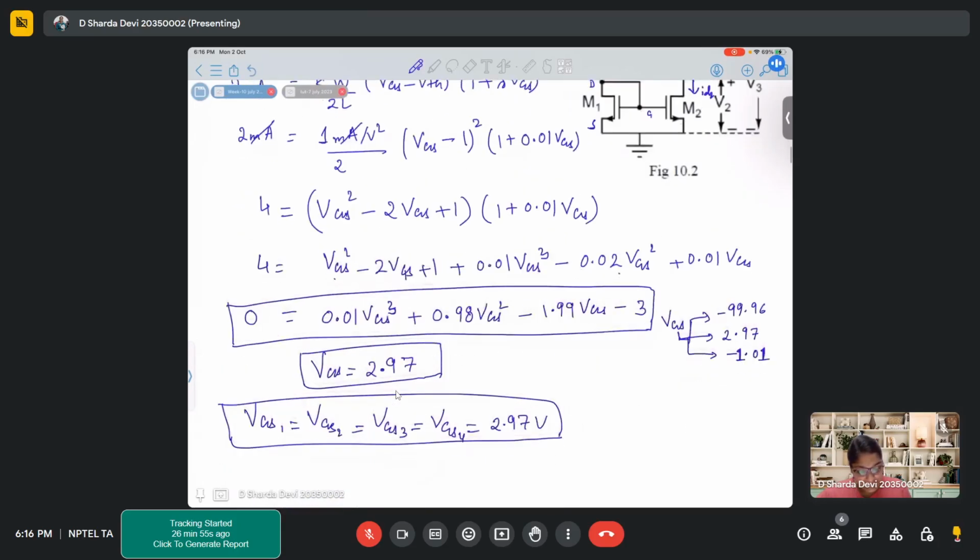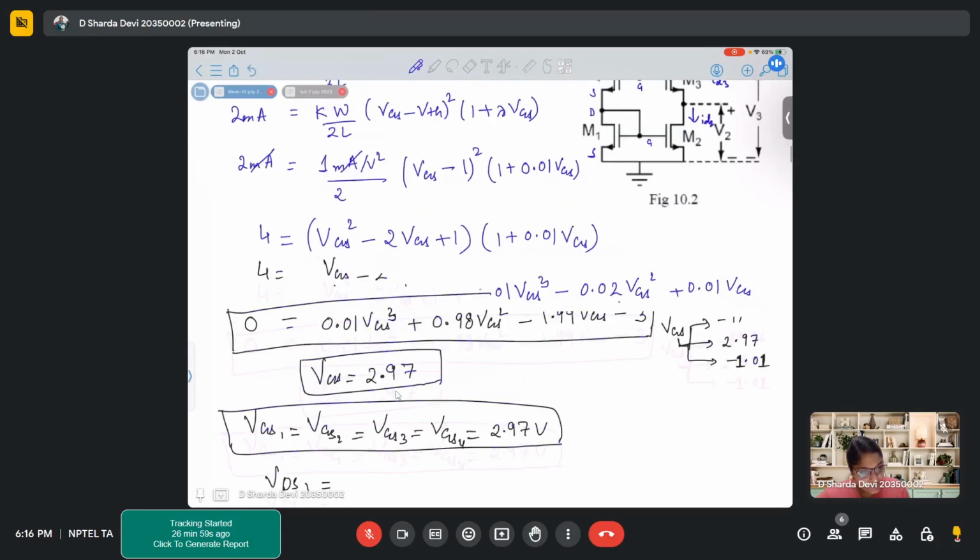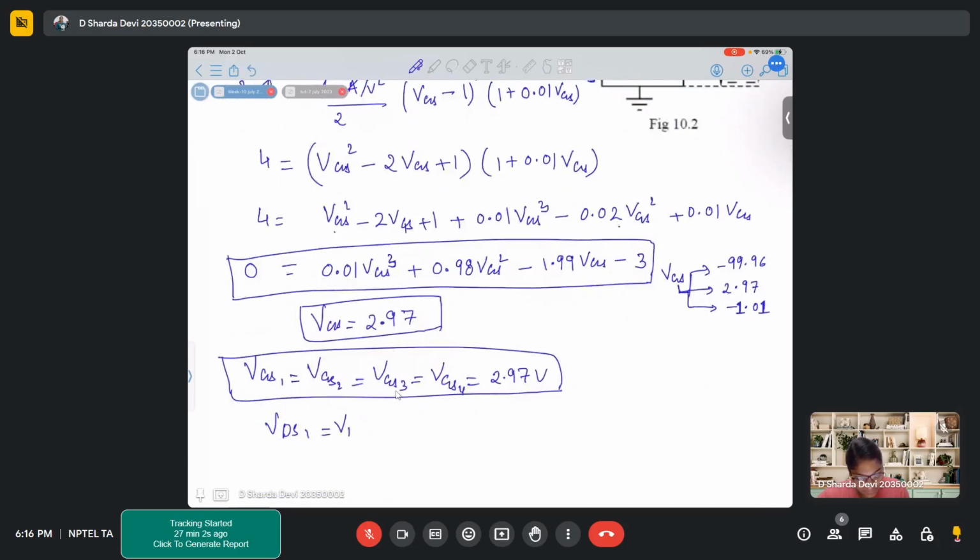So hence VDS1 equal to VDS2 equal to VDS3 equal to VDS4 equal to 2.97 volts.